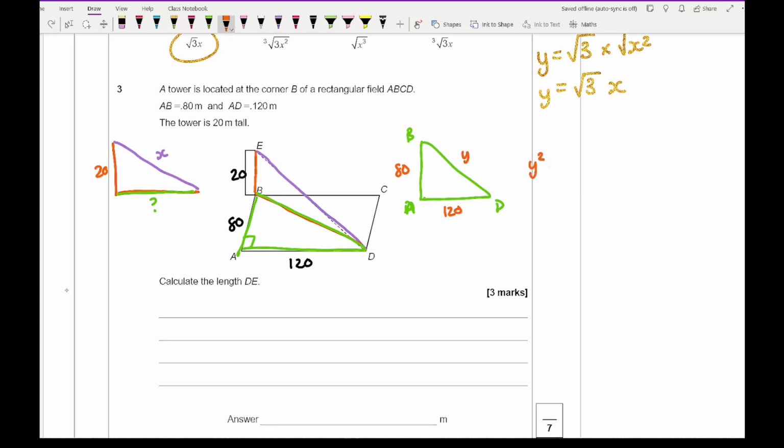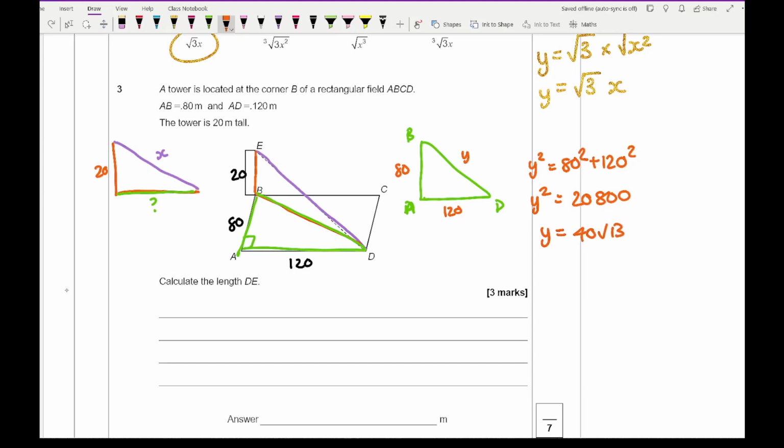So I know that y squared equals 80 squared plus 120 squared. So y squared equals, if I type that into my calculator, I get an answer of 20,800. So y equals the square root of that, which is 40 root 13.